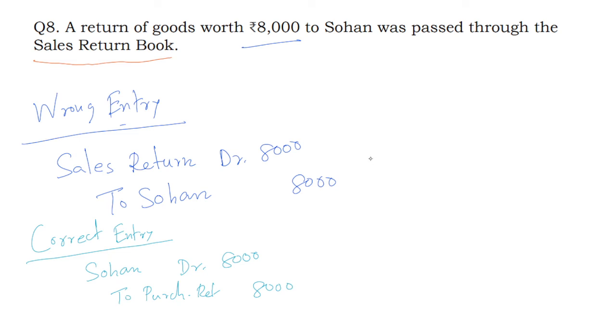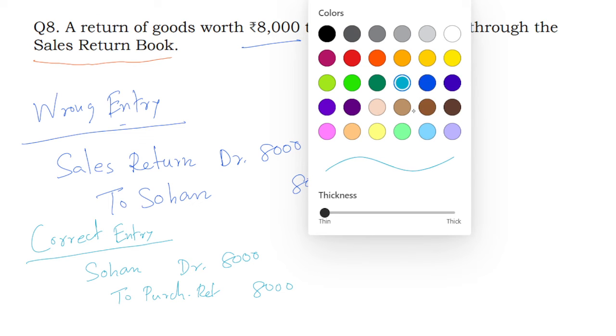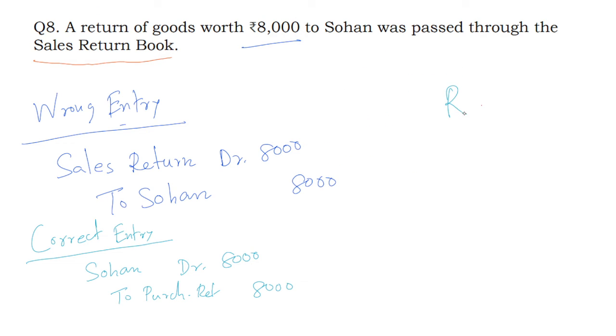Okay, so this is the wrong entry and this is the correct entry. Now we are showing the rectification entry. Okay, rectification entry.